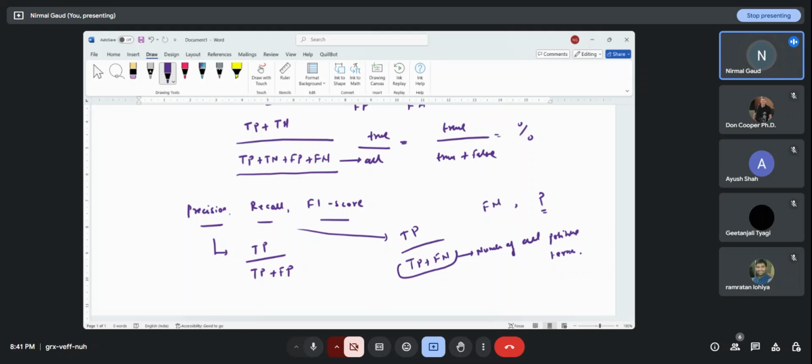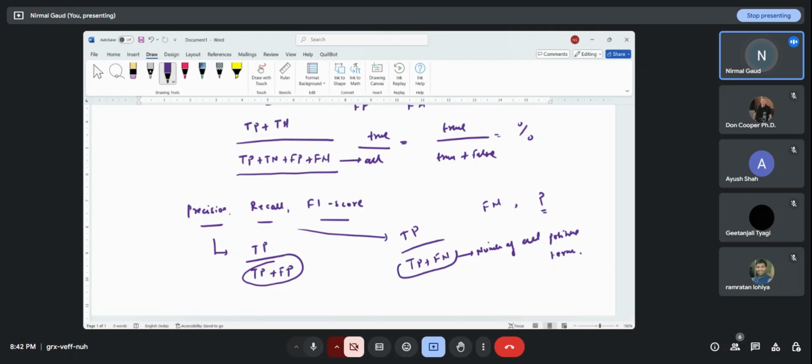However, in precision, we have the number of true positives, obviously the positives which are correctly predicted by the model. False positive means which are negative but the model predicted as positive. So they are false.